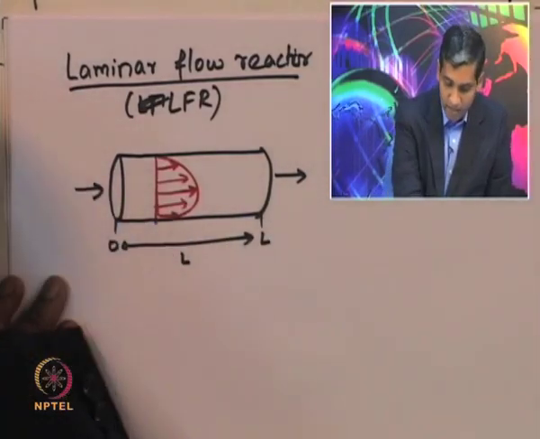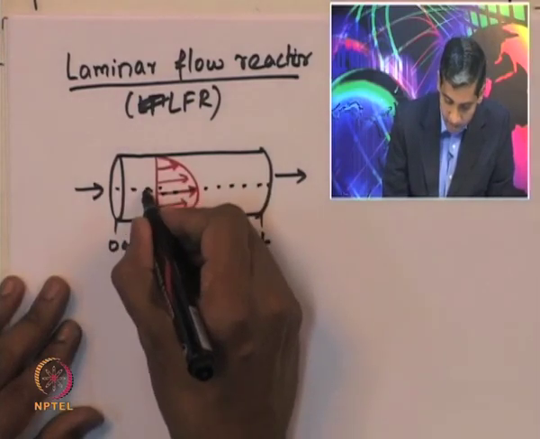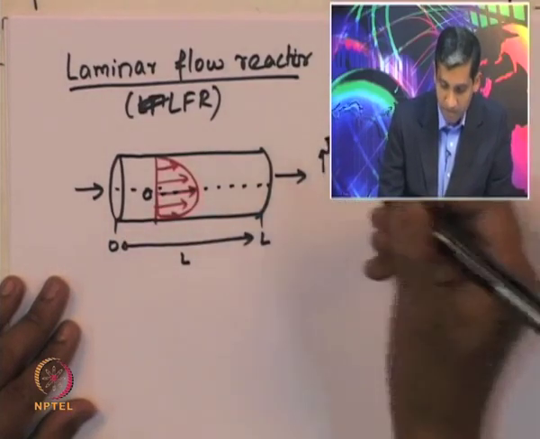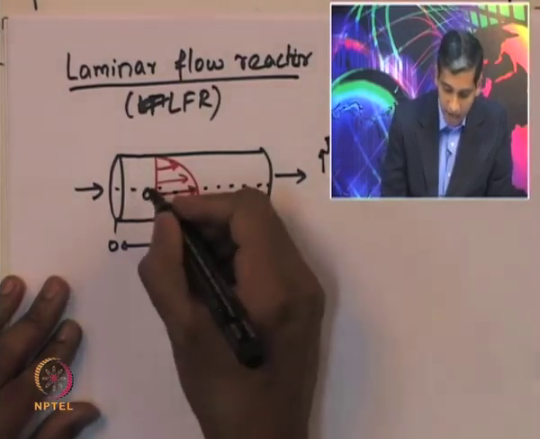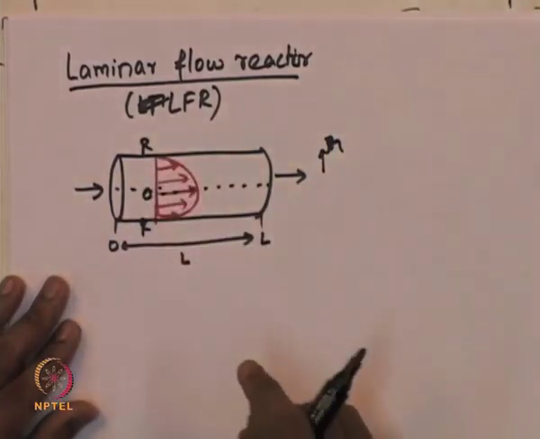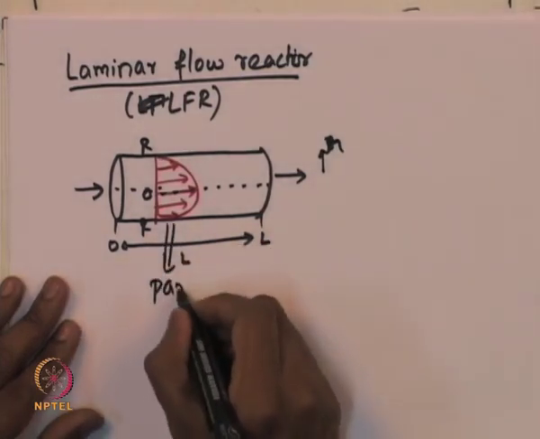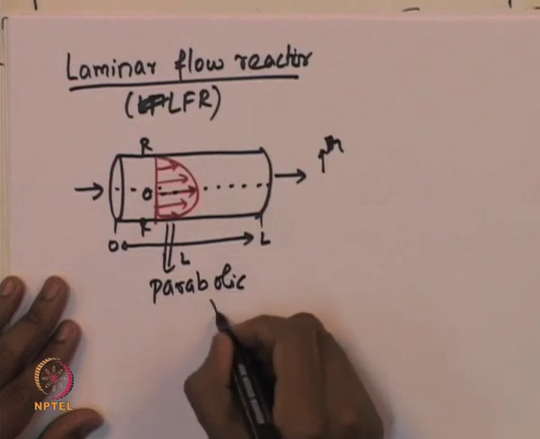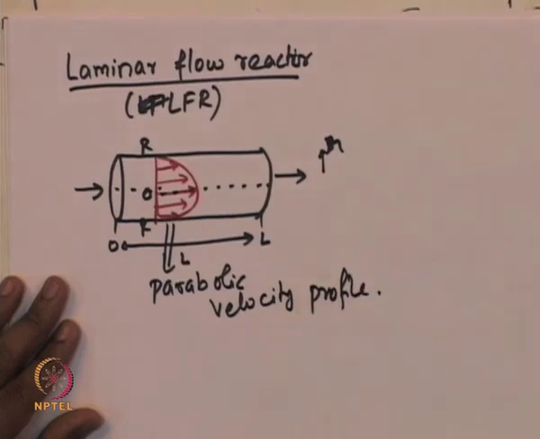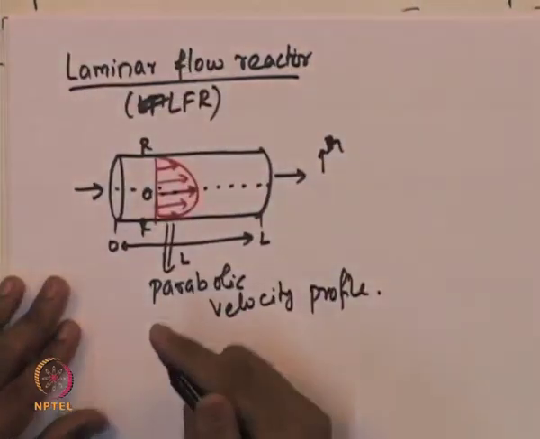Suppose that is the center of the reactor, and that is r equal to 0. If I label these coordinates as r, then at r equal to 0 it will be the maximum velocity, and at r equal to R, which is the periphery, the velocity will be 0. So, that is a parabolic velocity profile, the velocity profile with which the fluid is flowing through the reactor.